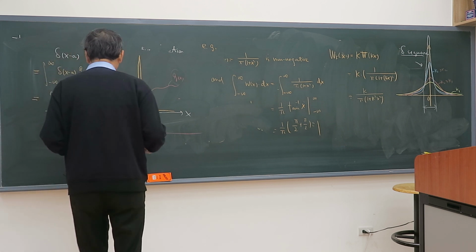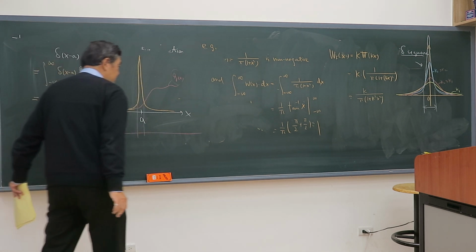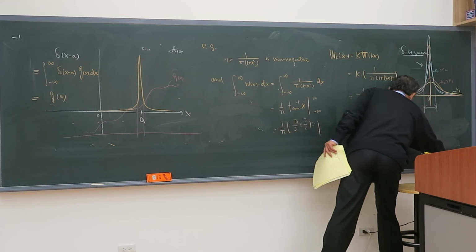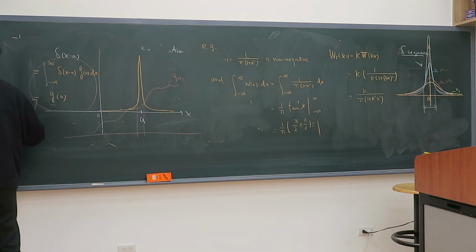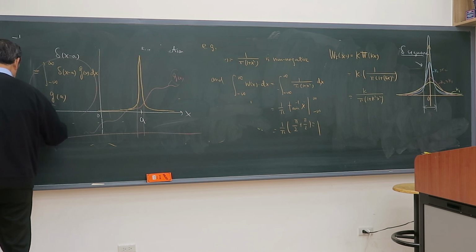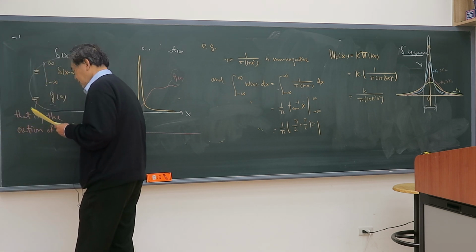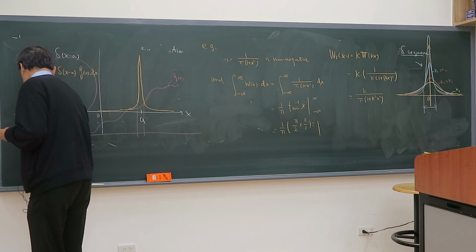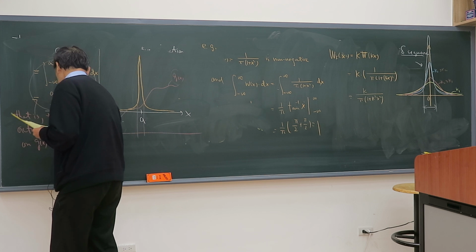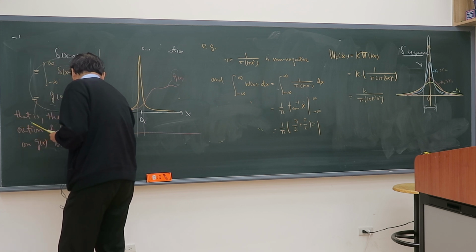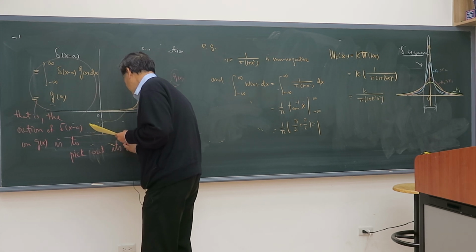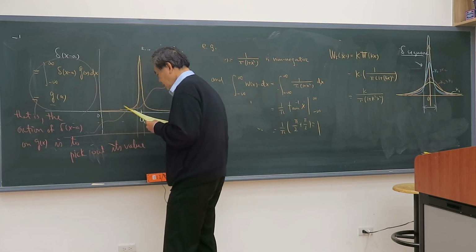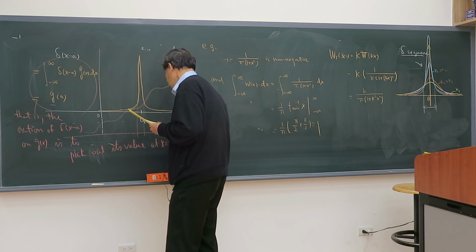So what's the meaning? The meaning of this delta function is that the action of delta(x minus a) on g(x) is to pick out its value at x equal to a.